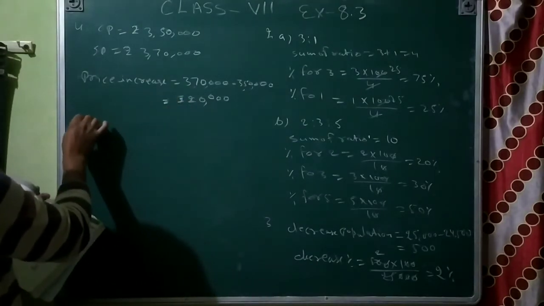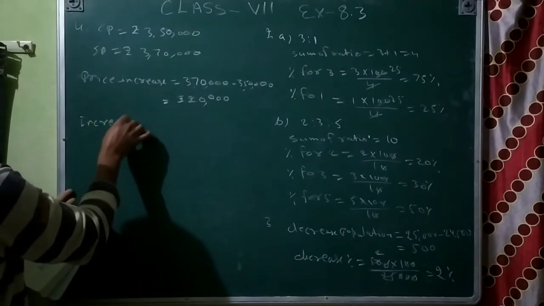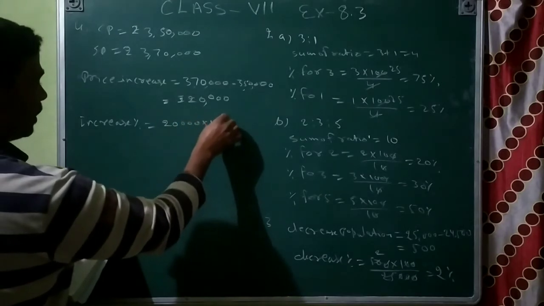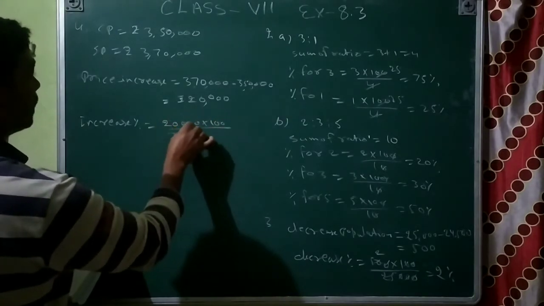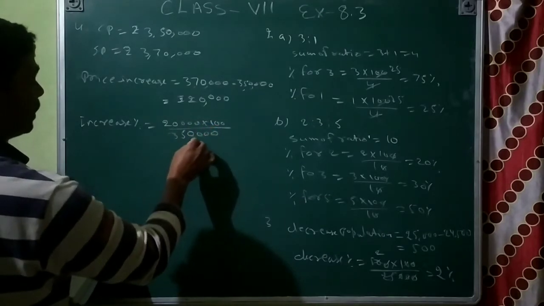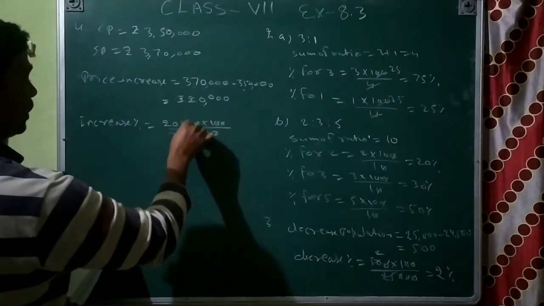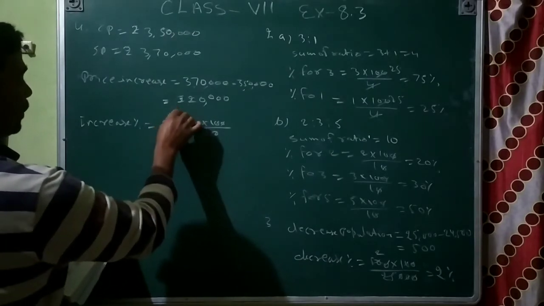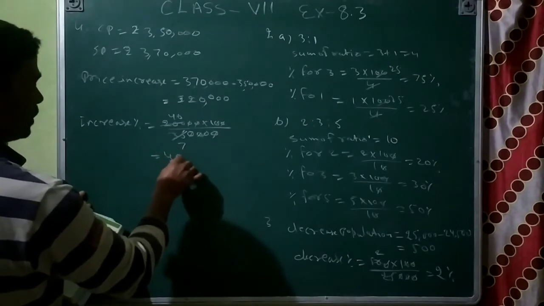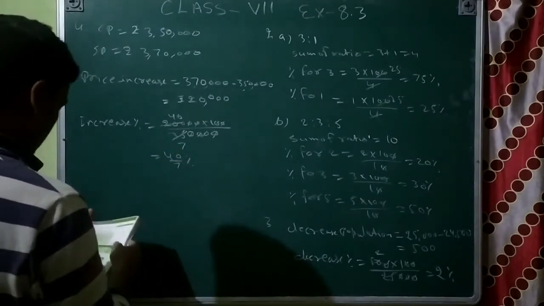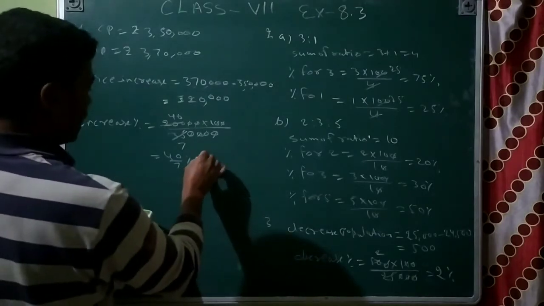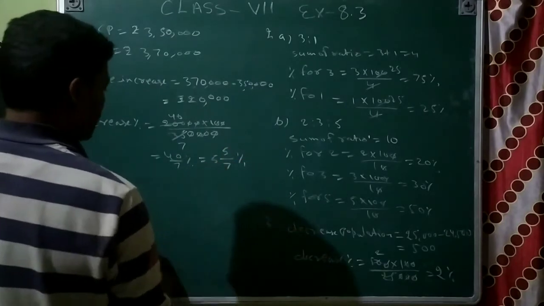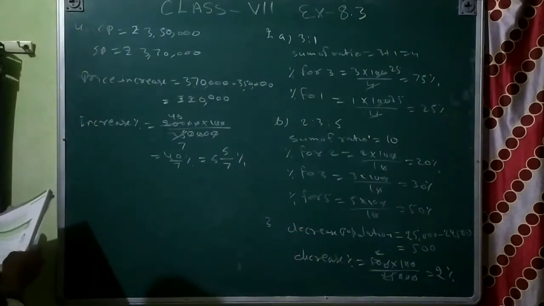So increase percentage is equal to increase multiplied by 100 upon the actual price, and then that will be 40 upon 7%. Or we can write it in mixed fraction also, 7 fives are 35, and then 5 is left upon 7%. That is your choice, you can write it in mixed fraction.